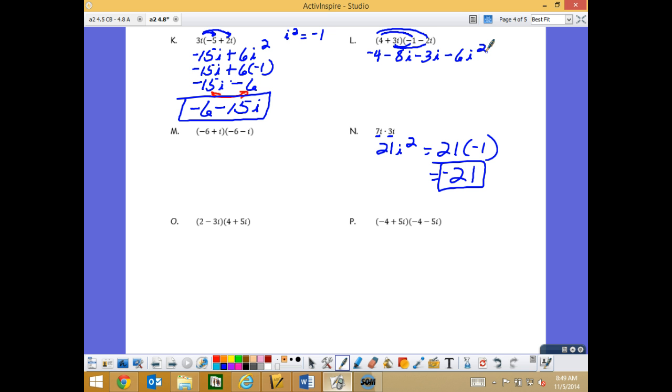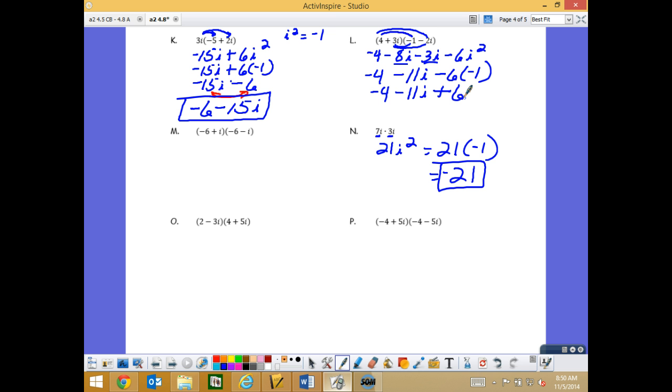Now, combining these two like terms, negative 8i minus 3i, we end up with negative 11i. And we end up with minus 6 times negative 1. i squared again is equal to negative 1. So when we perform that multiplication, negative 6 times negative 1, that becomes negative 4 minus 11i plus 6.